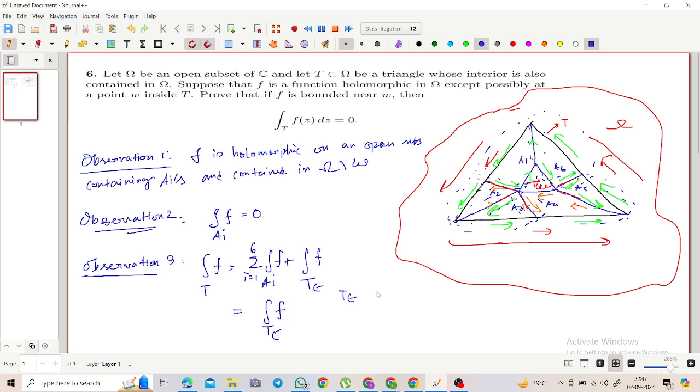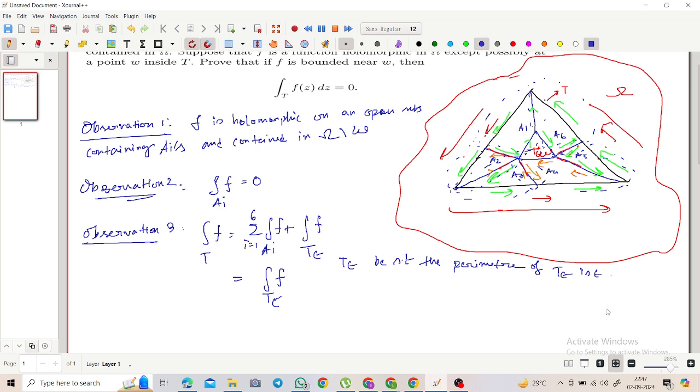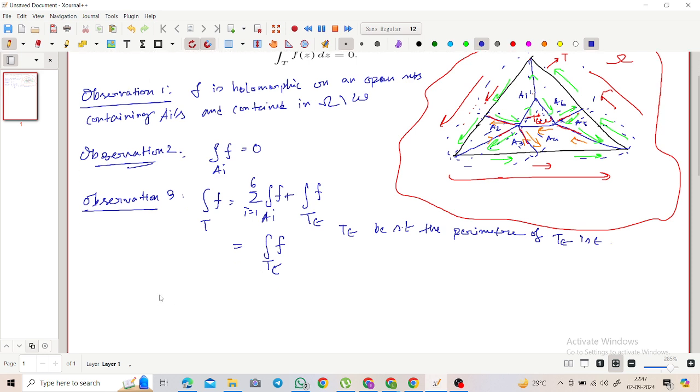Let T epsilon be such that the perimeter of T epsilon is epsilon. Okay. Now, from observation 3, we do like this.